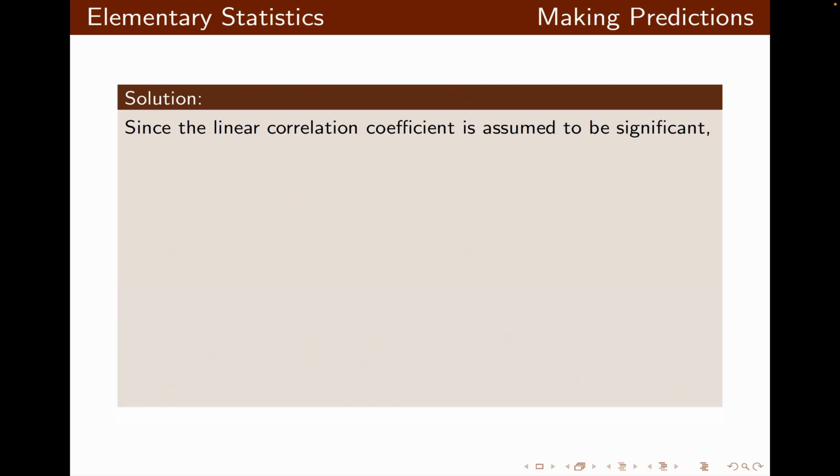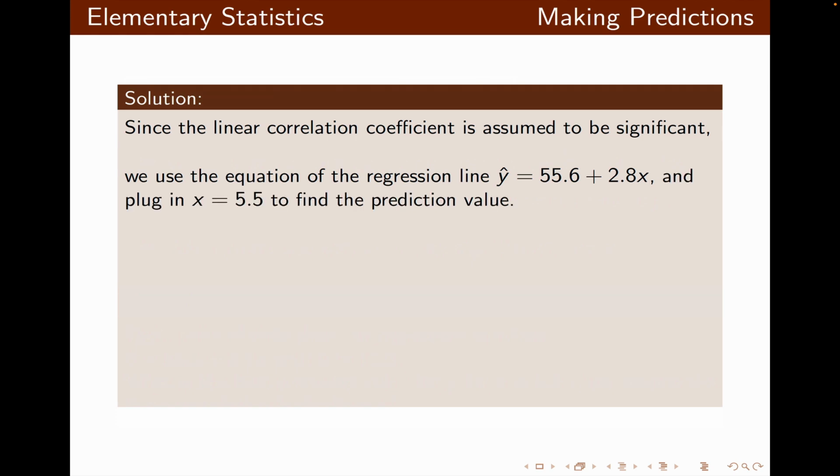Since the linear correlation coefficient is assumed to be significant, we use the equation of the regression line. We simply plug in 5.5 and find the prediction value.